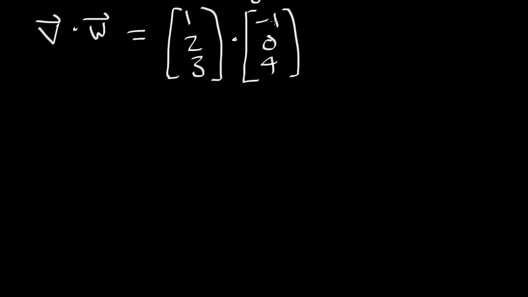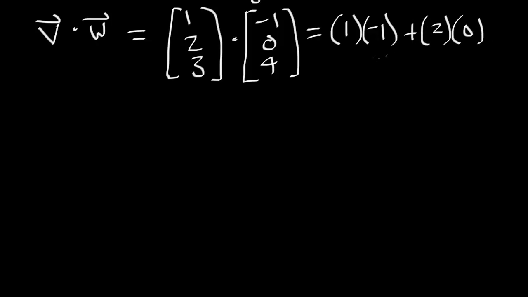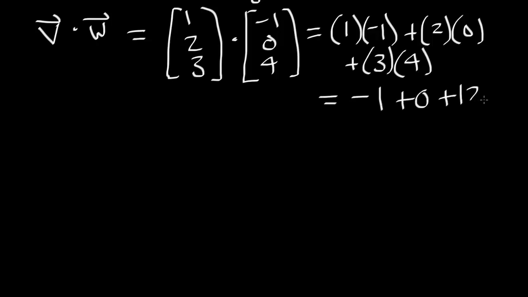So it's going to be 1 times negative 1 plus 2 times 0 plus 3 times 4. Because remember, we're going to get a scalar from this. So this is 1 times negative 1 plus 2 times 0 plus 3 times 4. And that's just equal to negative 1 plus 0 plus 12. So it's equal to 11.